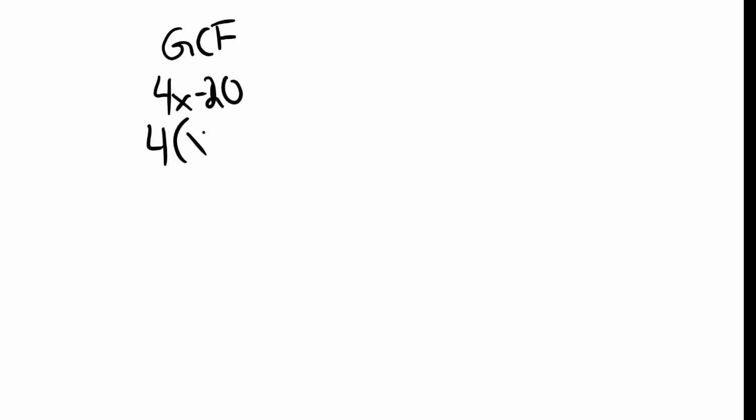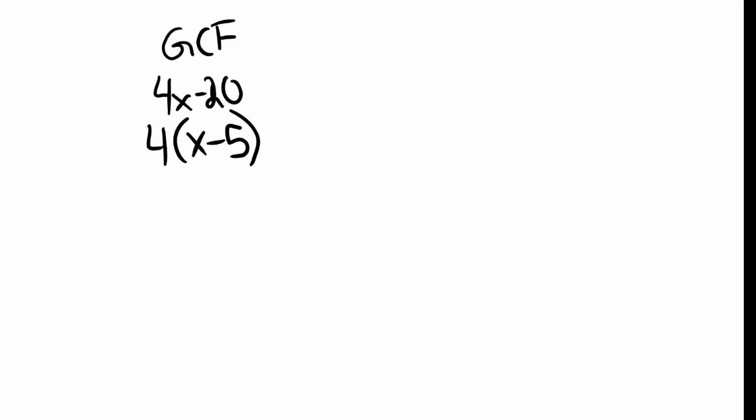The first type of factoring we did was GCF factoring. In GCF factoring, the first way we did it was when you had something pretty simple like 4x minus 20. And you just said what is common to both 4x and 20, and what is common is a 4.